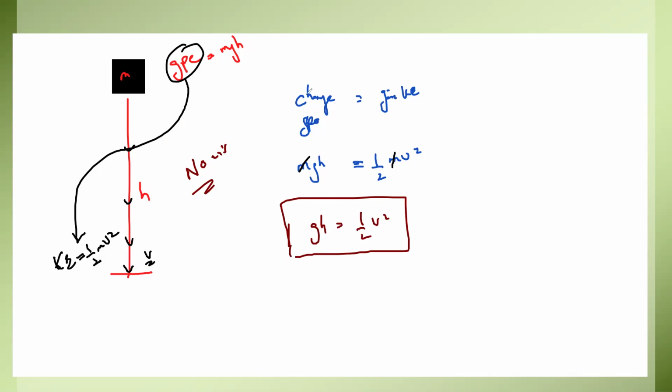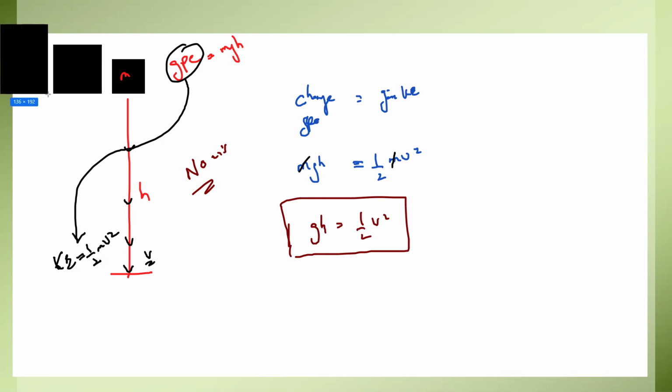So even if I drop a 2 kilogram object, a 5 kilogram object, or a 50 kilogram object, all the objects will hit the ground with the same speed with no air resistance, and the acceleration due to gravity is constant. So the change in gravitational potential energy equals the gain in kinetic energy.